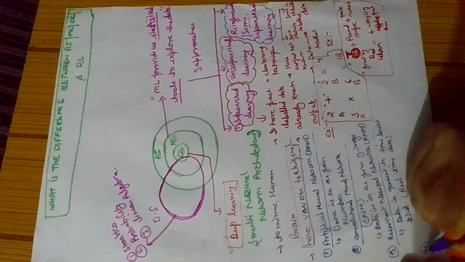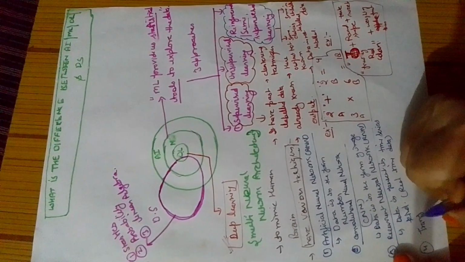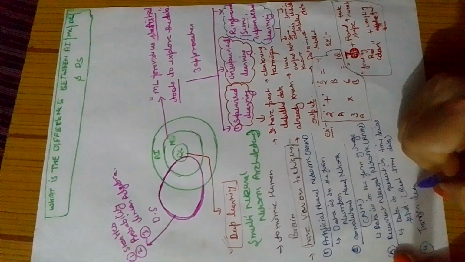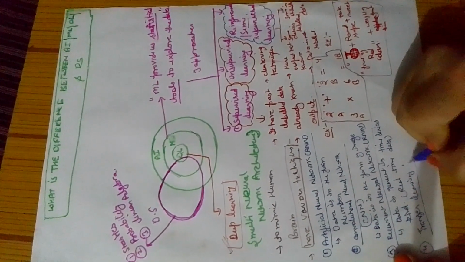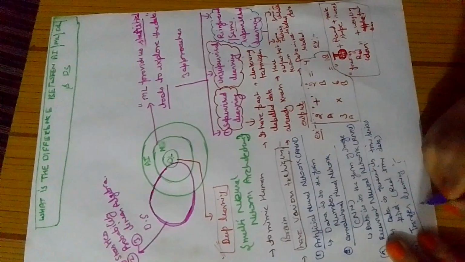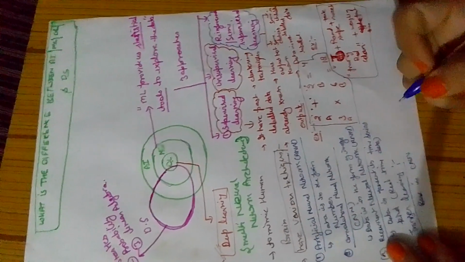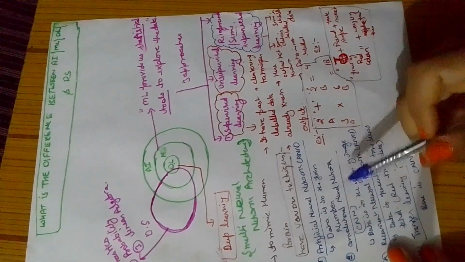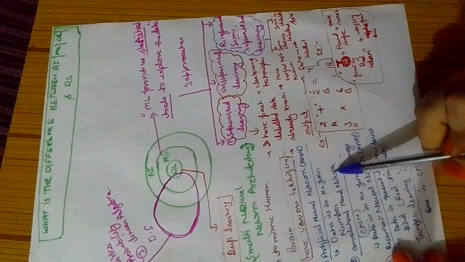And fourth is transfer learning. In this, the base is CNN. Fine. Transfer learning has a base of CNN, that is convolutional neural network.